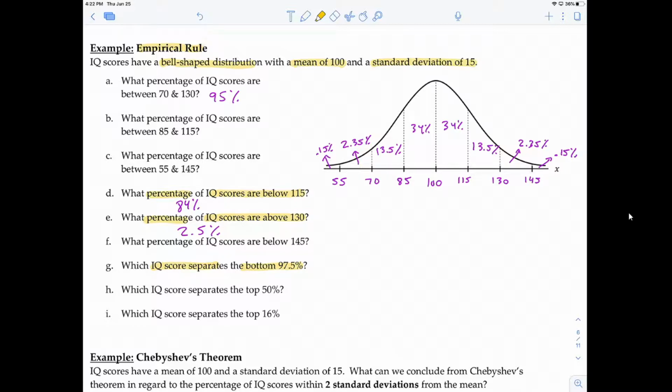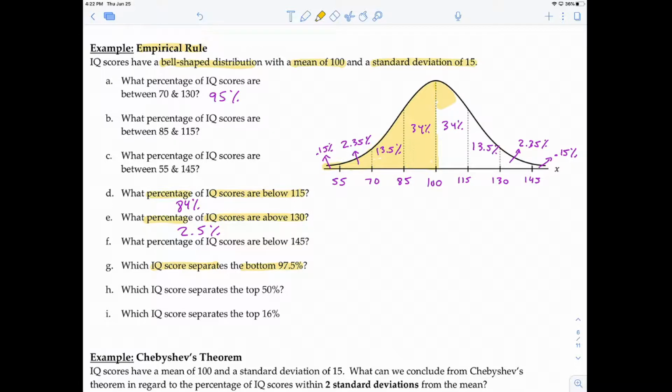If you add these two percentages up, this is the bottom 2.5%. And if you go further and take a look at this chunk that I highlighted, this is the bottom 50%, right? So we're just accumulating the percentages until we see what the bottom 97.5% is. So we know that's the bottom 50%.